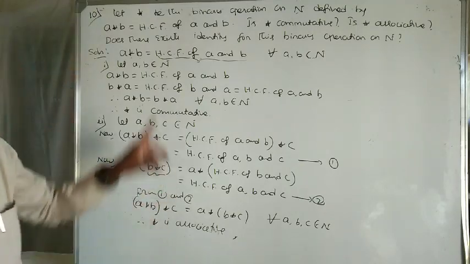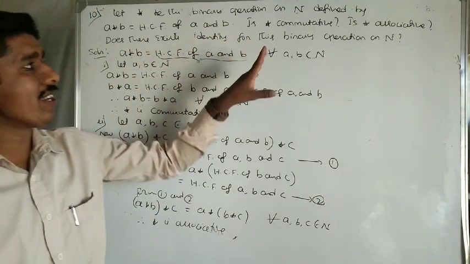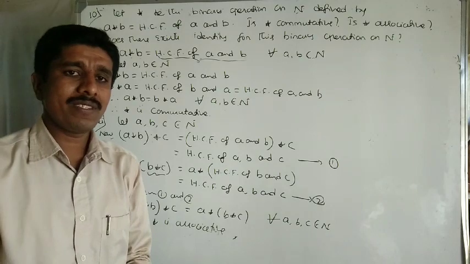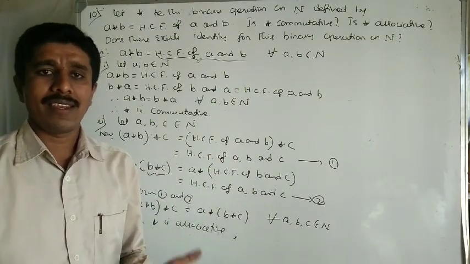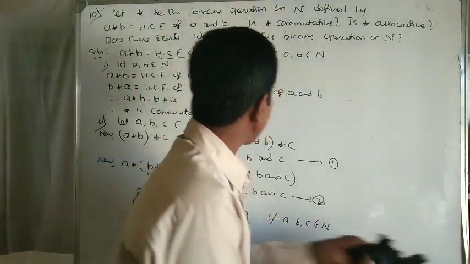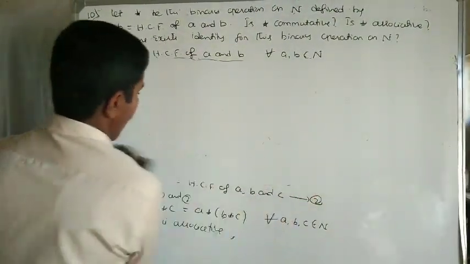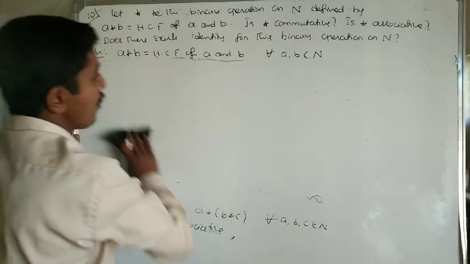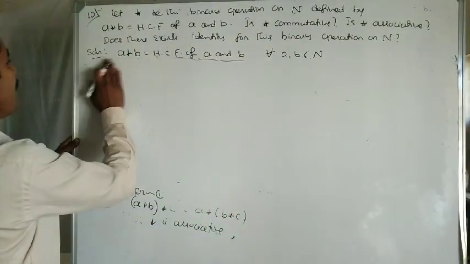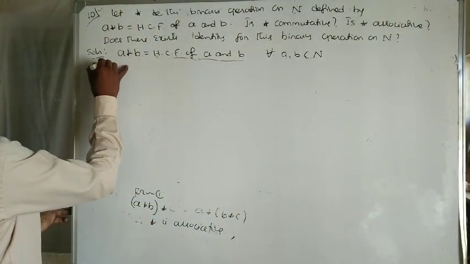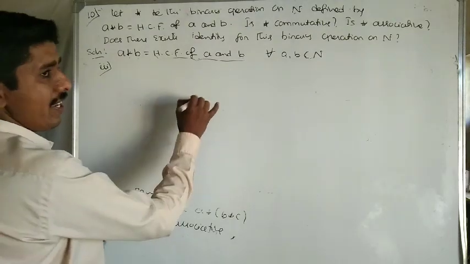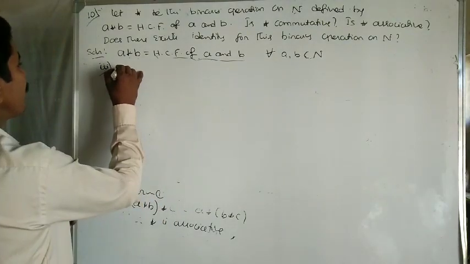Next we shall verify whether an identity element exists for this binary operation or not. So now I am writing the definition.